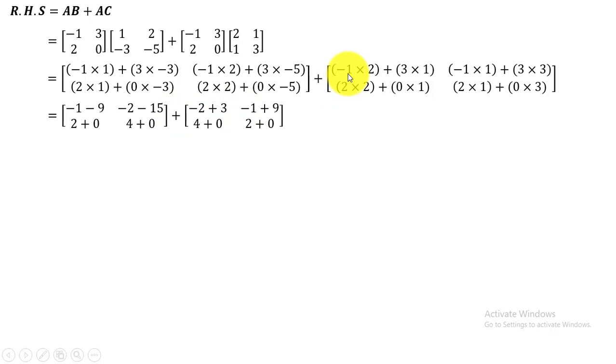Plus negative 1 time of 2 that is equal to negative 2 plus 3 time of 1 that is equal to 3. Negative 1 time of 1 that is equal to negative 1 plus 3 time of 3 that is equal to 9. 2 time of 2 that is equal to 4 plus 0 time of 1 that is equal to 0. 0 time of 3 that is equal to 0.